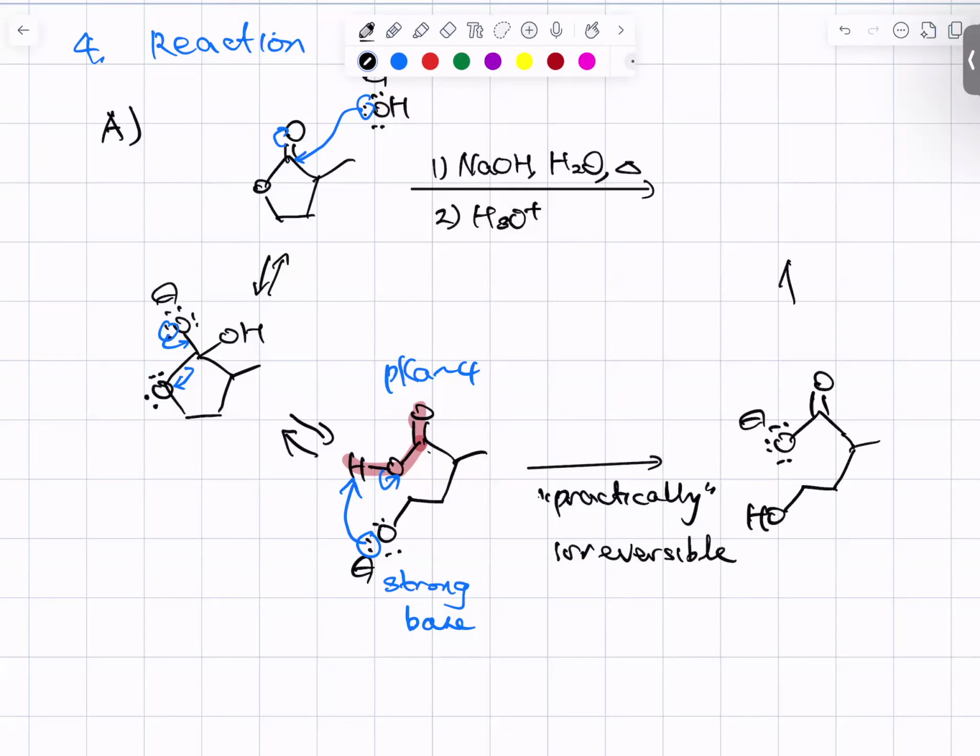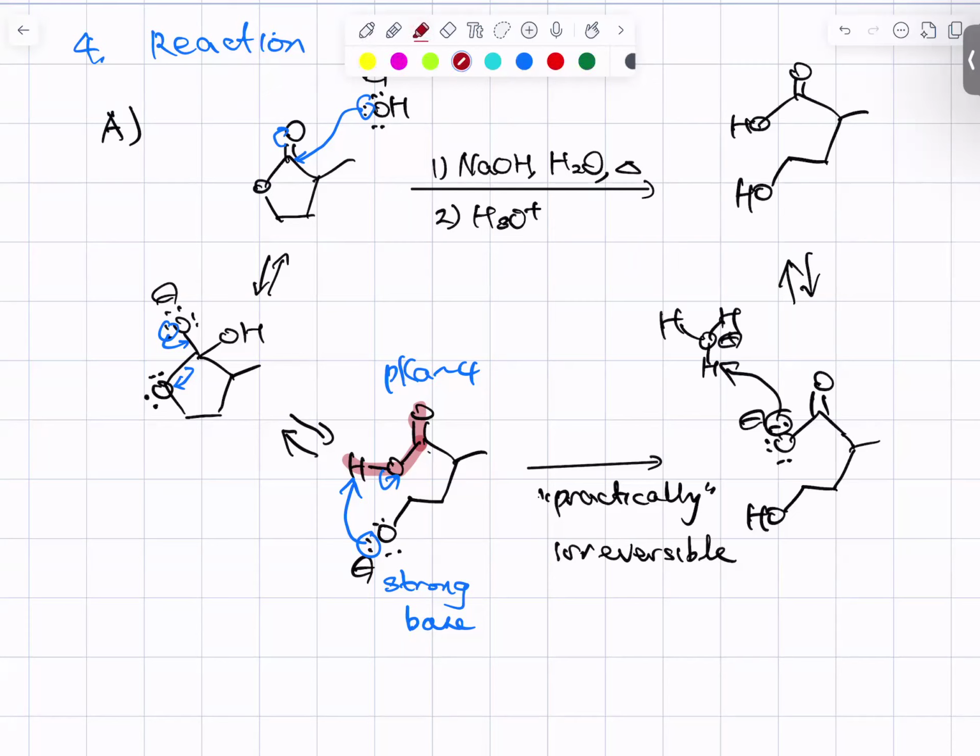And then the next one is protonation. So now we have this acid, hydronium ion is now added to the solution. Then this will be protonated, forming the final product. One side is becoming carboxylic acid, and the other side becoming a primary alcohol. Okay.